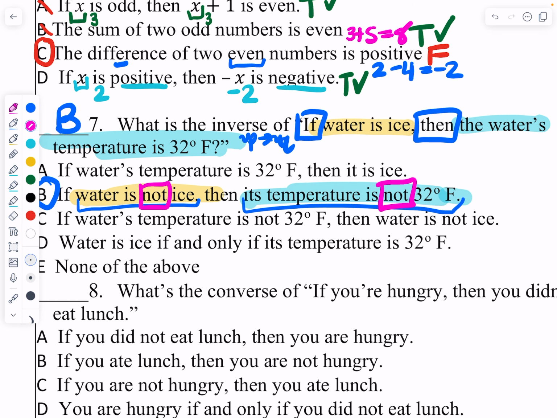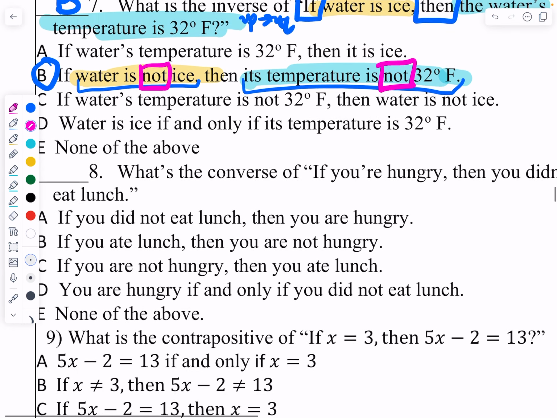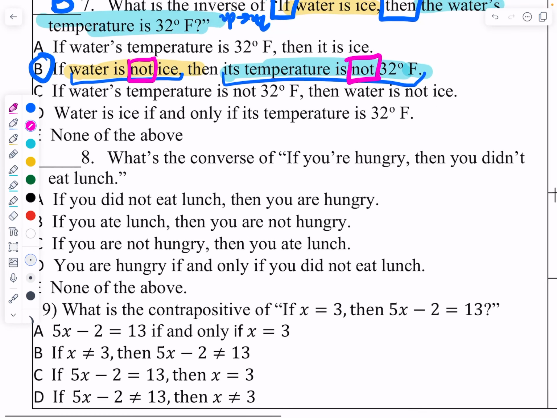Okay? What is the converse of if you're hungry, then you didn't eat lunch? Okay, so we're looking for converse this time. Here is if, here is then, and then I like to color code. Here's my hypothesis P. Here is my conclusion Q. Okay, so if P, then Q. Converse is going to be if Q, then P. So what am I looking for? I'm looking for if blue, then yellow.